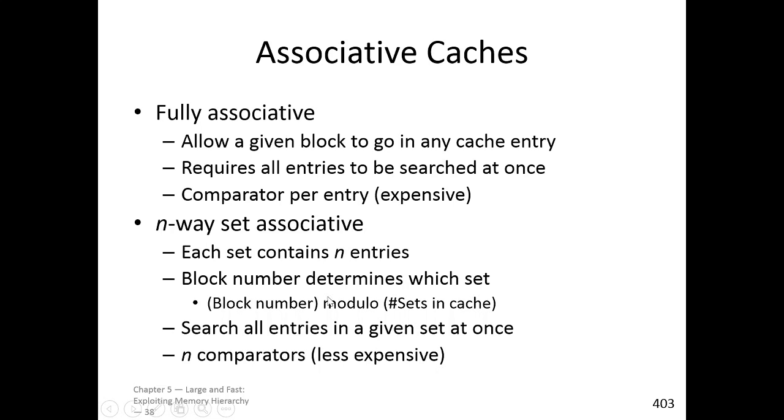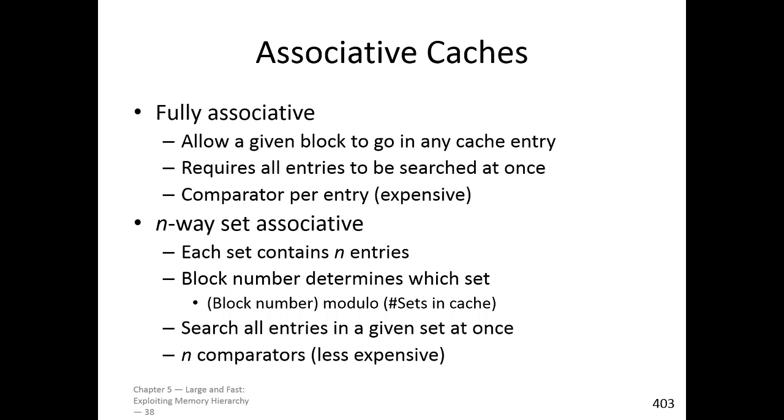Generally, the book does a good job talking about this. On one end you have direct mapped, and on the other end you have fully associative. Direct mapped, where it's always locked in to its index by reference. Fully associative, it could be anywhere in cache. And so there's a middle ground called set associative, where you divide up cache into blocks, and then those blocks are assigned into a set.